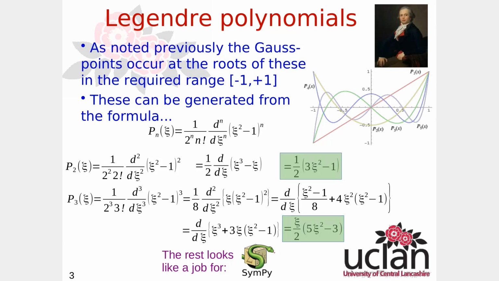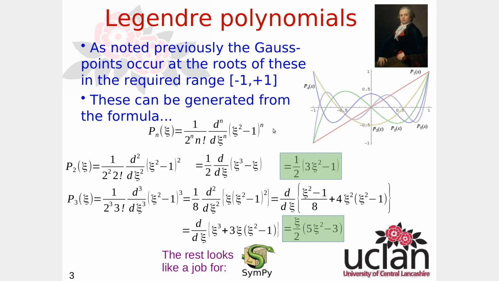A clever formula to generate the Legendre polynomials is this: 1 over 2 to the n, n factorial, times the n-th derivative with respect to c of (c squared minus 1) raised to the power of n.